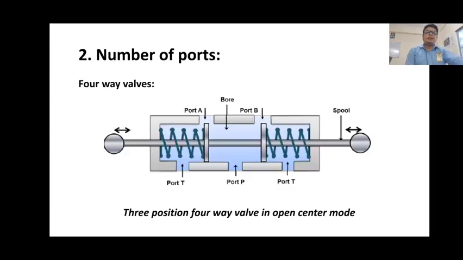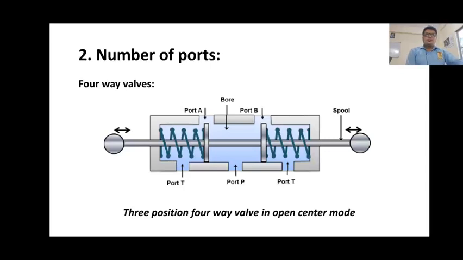Next type of valve is four-way valves. It is generally used to operate the cylinders and the fluid motors in both directions. The four ports are pressure port P, tank port T, and two working ports A and B that are connected with the actuator.